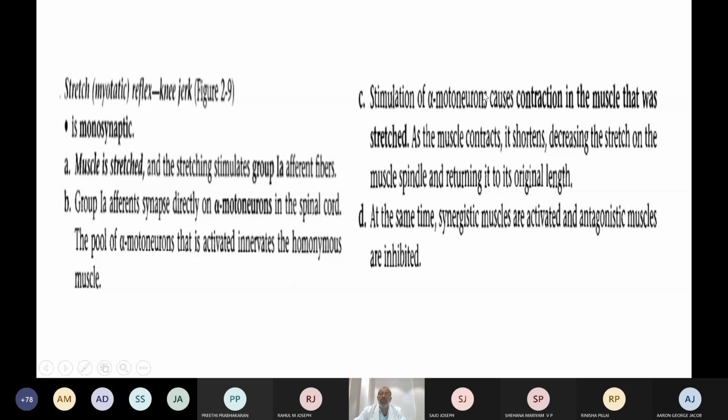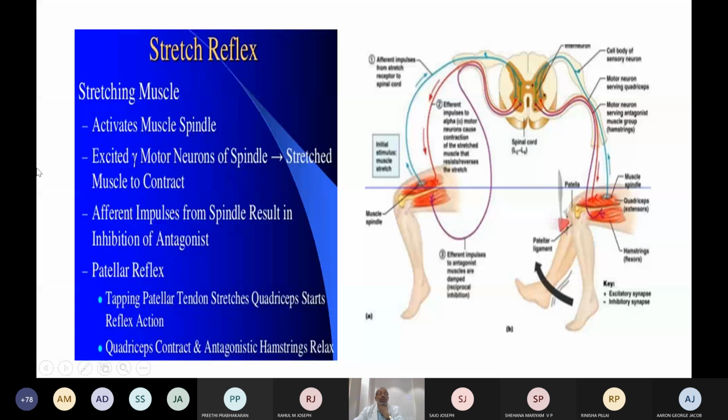Stimulation of the alpha motor neuron causes contraction of the same muscle which was stretched. As the muscle contracts, it shortens, decreasing the stretch on the muscle spindle, returning it to its original length. At the same time, synergistic muscles are activated and antagonistic muscles are inhibited. So you have to know that.